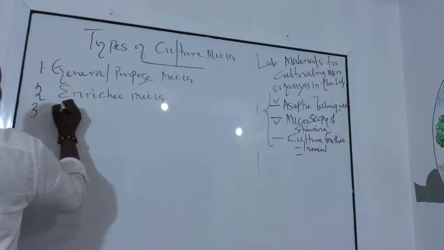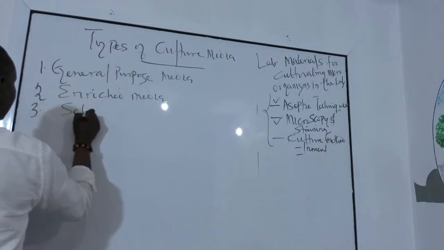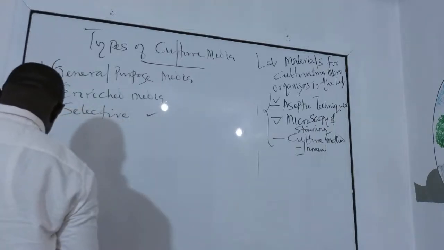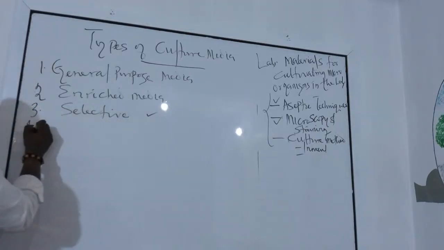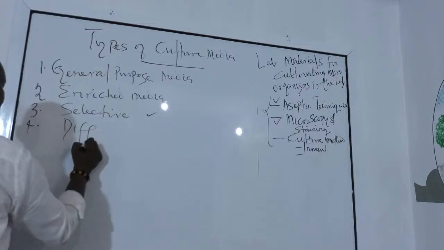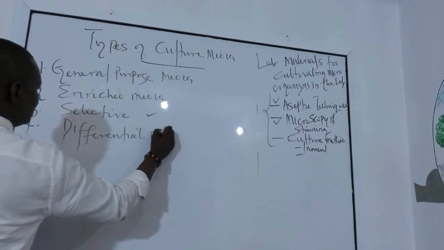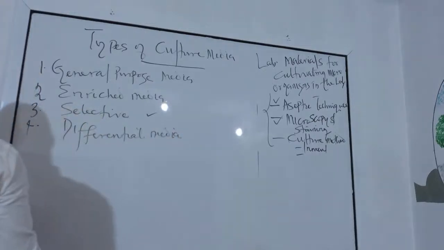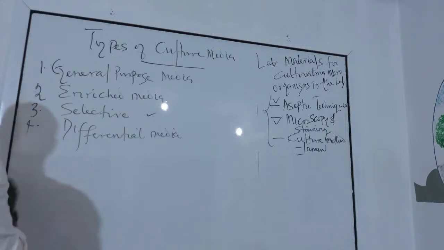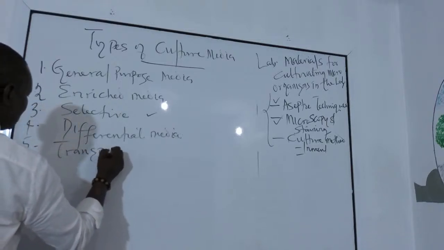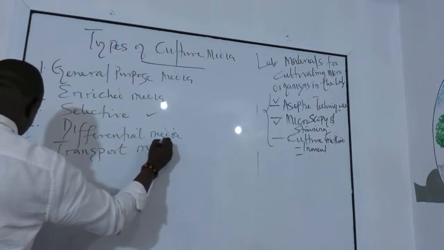Then the third one is selective. I think we have like 8 selective media. After that, we have differential media. The fifth is transport media.